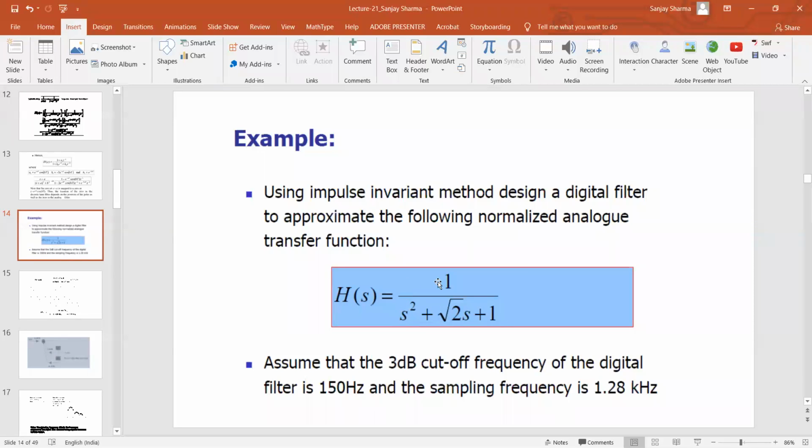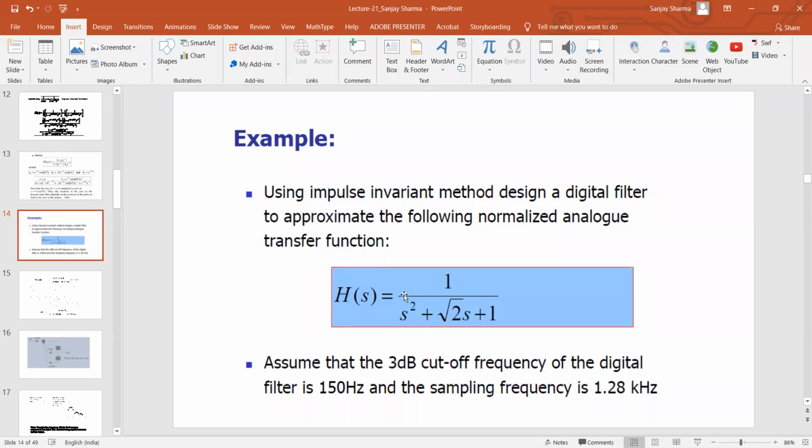From where will you get capital omega c? You are given fc, which is 150 Hertz. 2 pi into 150 will give you capital omega c. So you replace every s with s by 2 pi fc, and you will get the denormalized analog system function. You take the partial fractions and you obtain h(t).